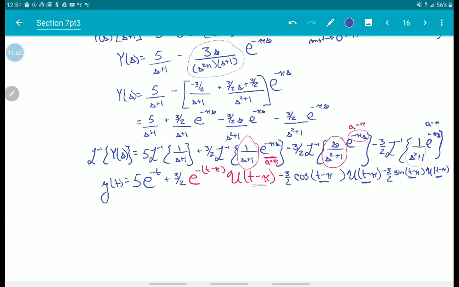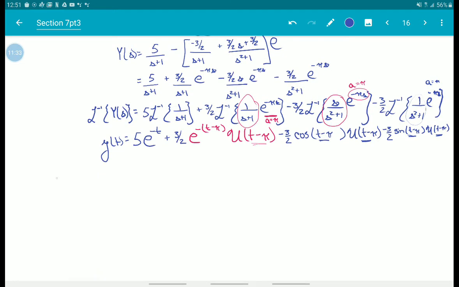Now, let's do some simplifying. We want to simplify cosine of t minus pi, and we want to simplify sine of t minus pi. We're using our sum and difference formulas here. This is going to be cosine of t, cosine of pi, plus sine of t, sine of pi.